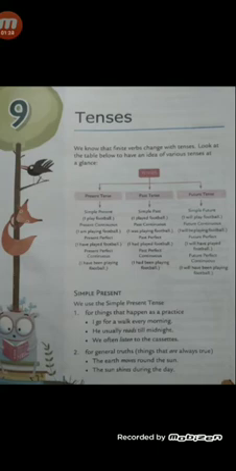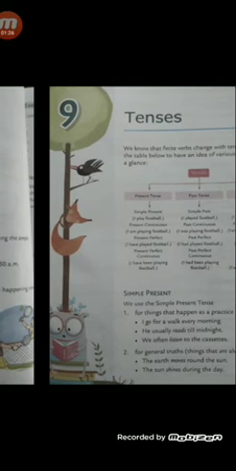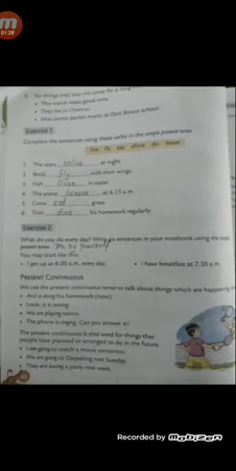So let's do the exercises of this chapter. First exercise, complete the sentences using the verbs in the simple present tense. So here you are asked to fill the correct verb in the blanks and it must be in simple present tense.